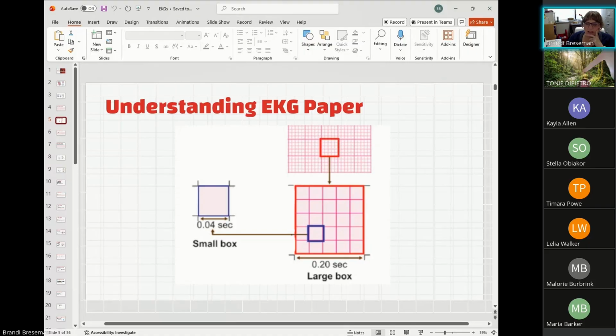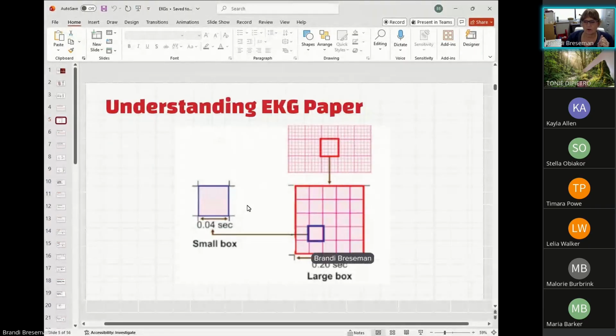And then within this big box, which is our 0.2 seconds, there are these small boxes, and each small box is 0.04 seconds. You can't see my mouse. Okay.